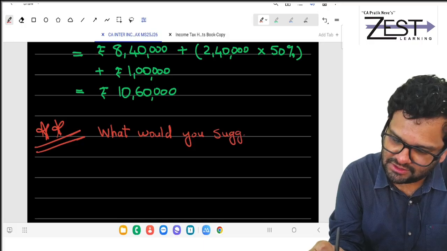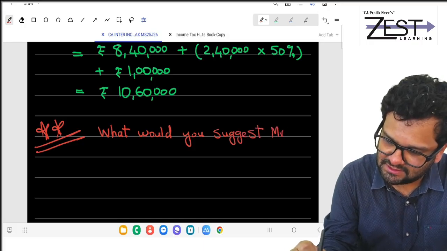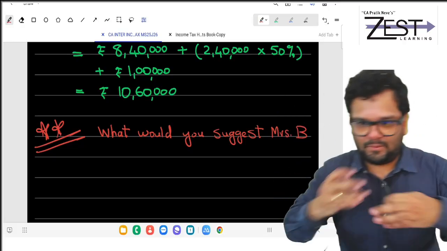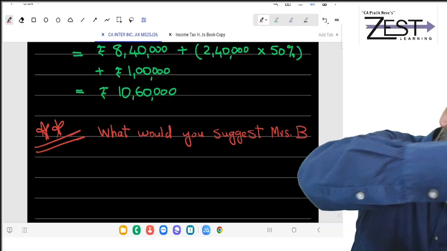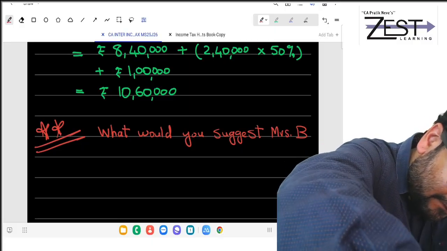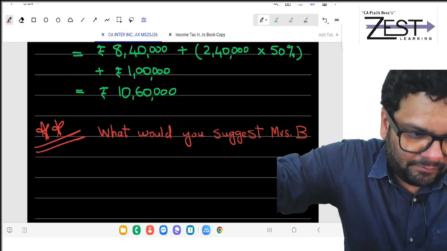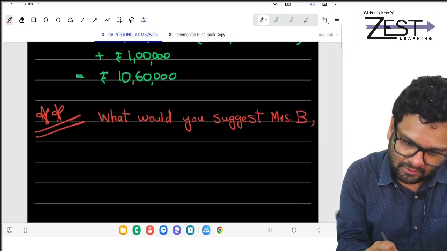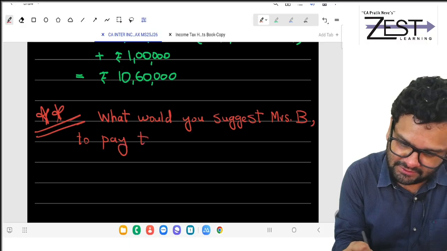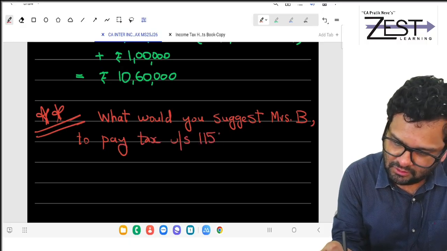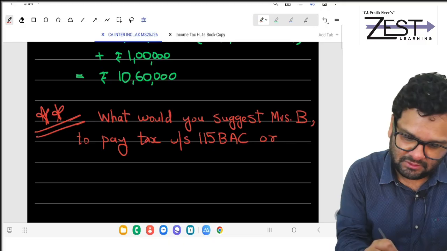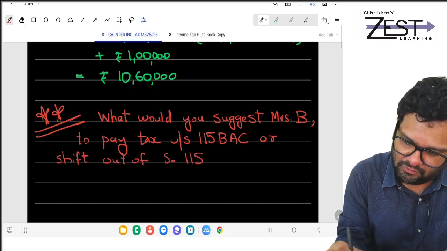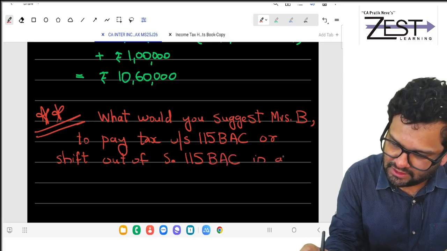Name of the assessee is Mrs. B. What would you suggest, Mrs. B, to pay tax under section 115BAC or shift out of section 115BAC in above case?